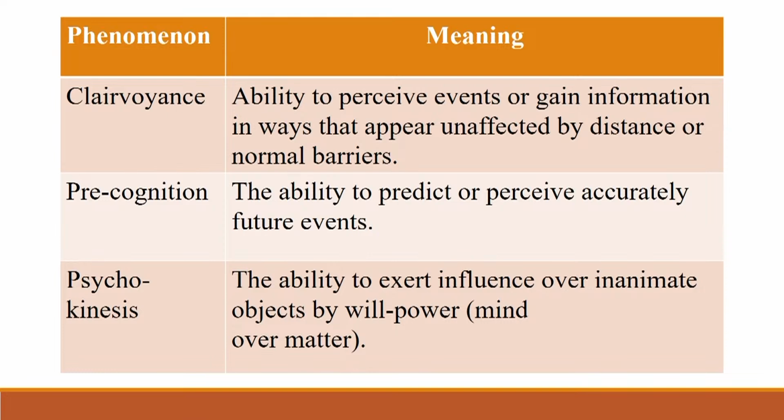So in precognition, you are able to perceive future events. There are certain movies which show that some people are able to perceive death or future events accurately. Another one is psychokinesis, which refers to a person's power over objects.